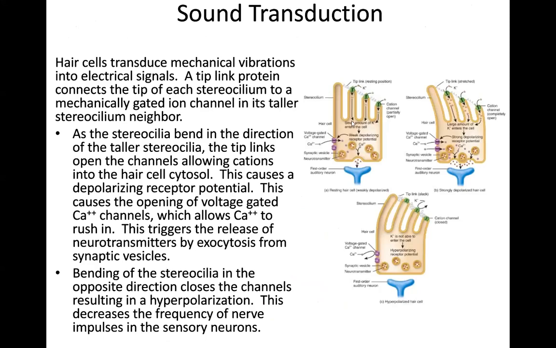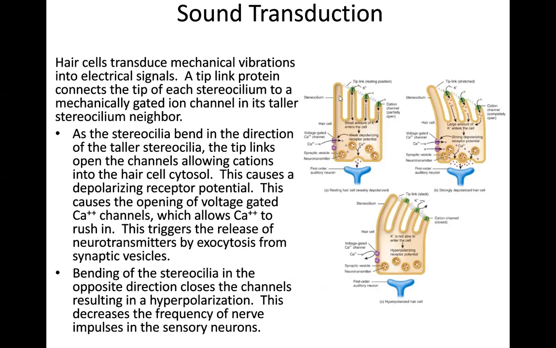Last slide here, I just want to talk about transduction, how we stimulate those hair cells. They transduce or convert mechanical vibrations into electrical signals, and it involves those little finger-like extensions called stereocilia. At the tip of those stereocilia, you find the receptors, and connecting the stereocilia to one another are these tip link proteins.